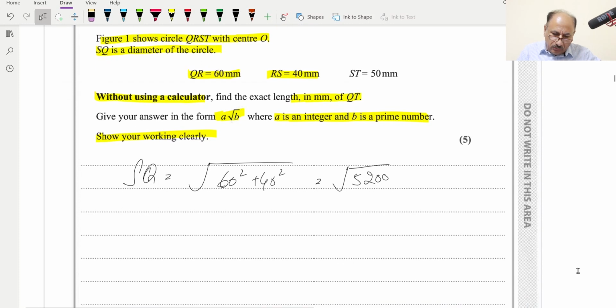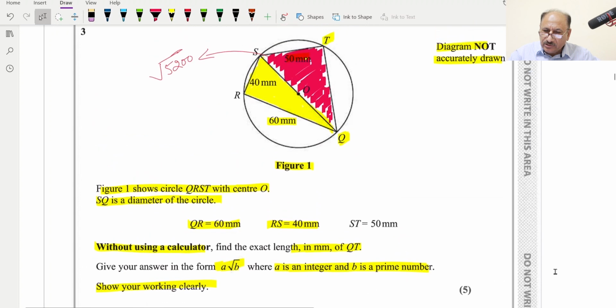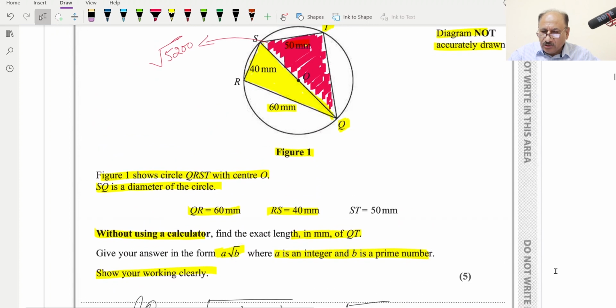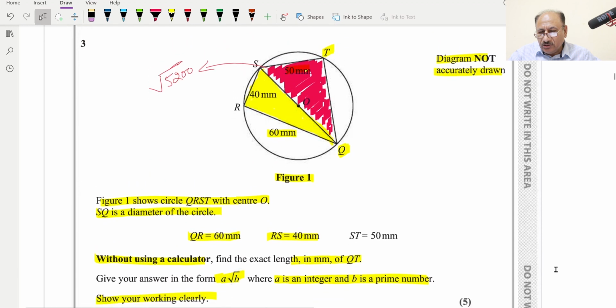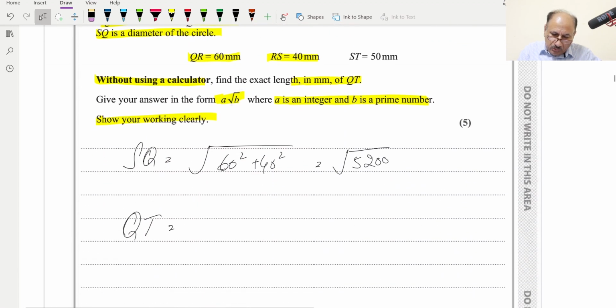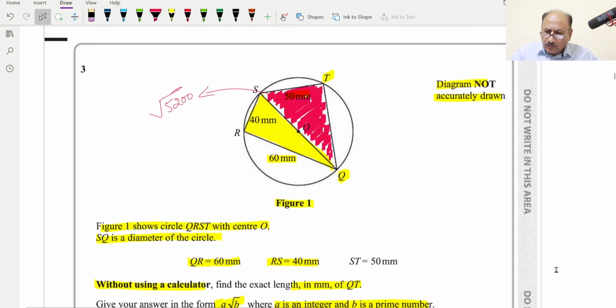We need to find QT. So QT square plus ST square is equal to SQ square.